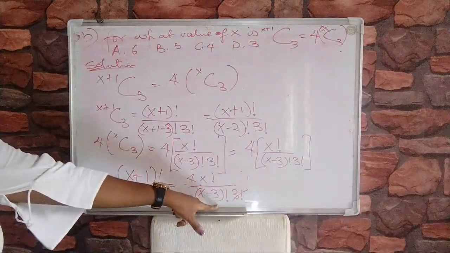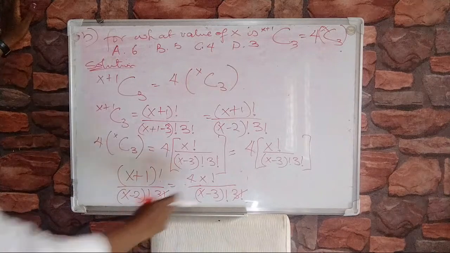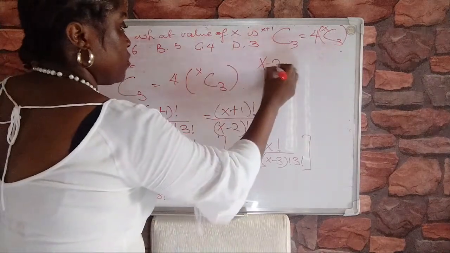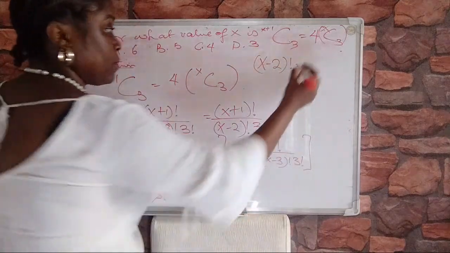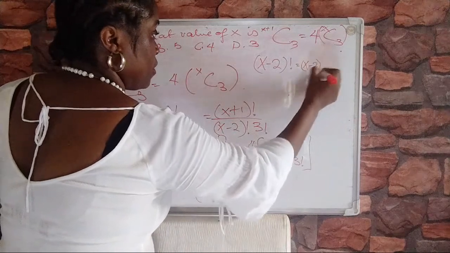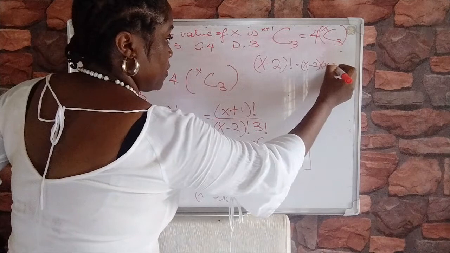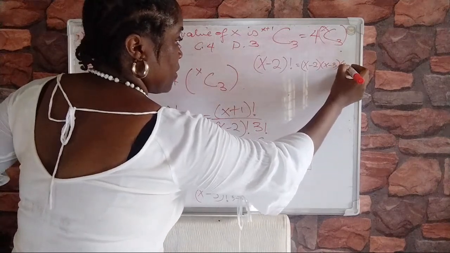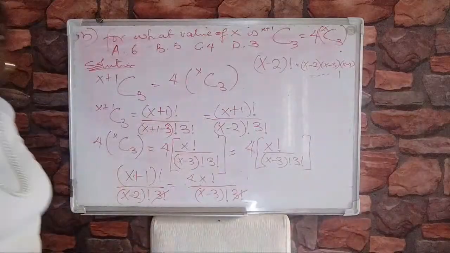X minus 3 factorial. So I think this will cancel this because let's say x minus 2 factorial is x minus 2 times x minus 3 times x minus 4, and so on till 1.